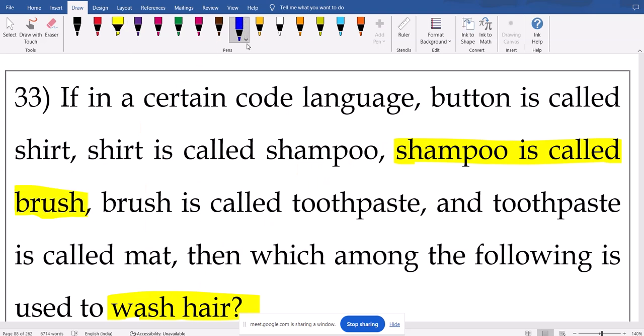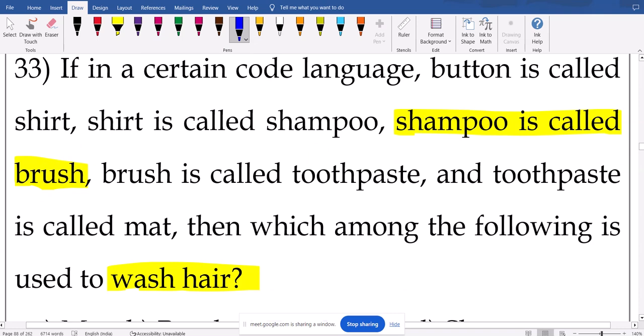See, some people try to use ChatGPT for these types of questions. For Accenture, you need to take the exam in college anyway, and no mobile or other source is available. But if some exams allow it and people copy and paste the same question into ChatGPT, you'll get the answer as shampoo only.